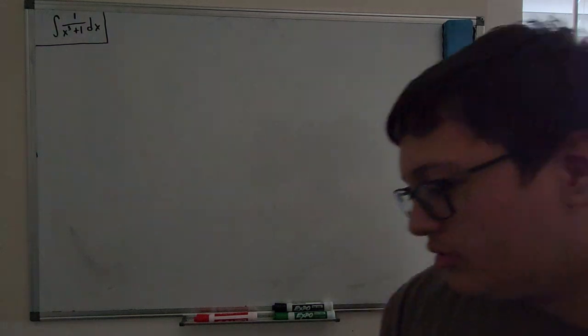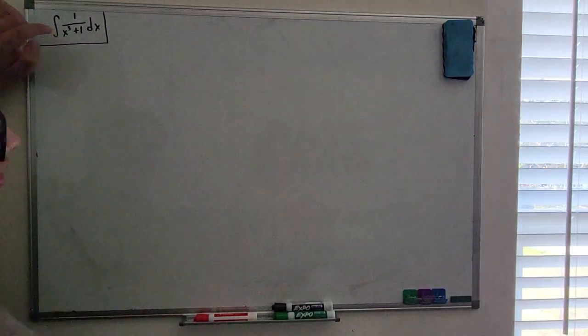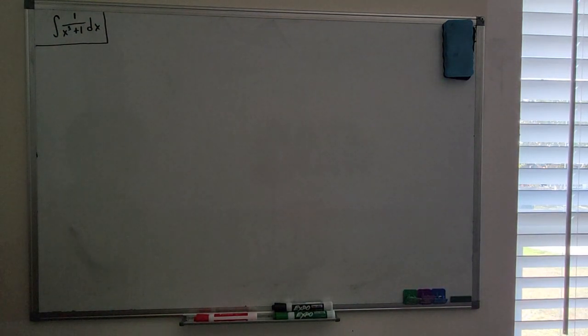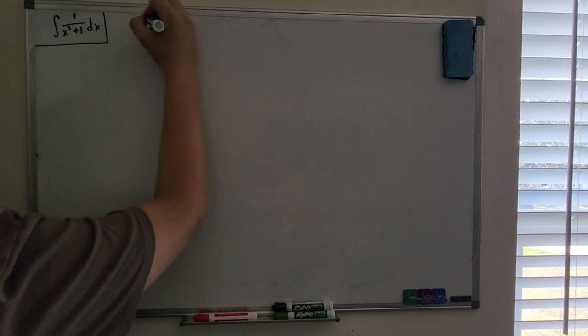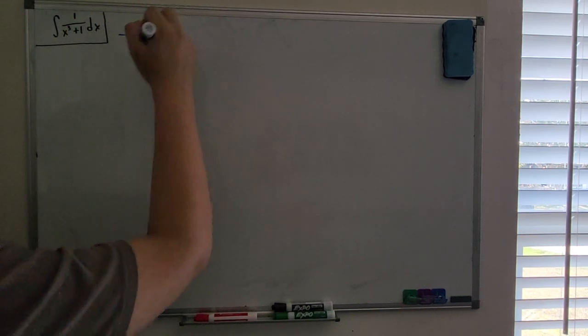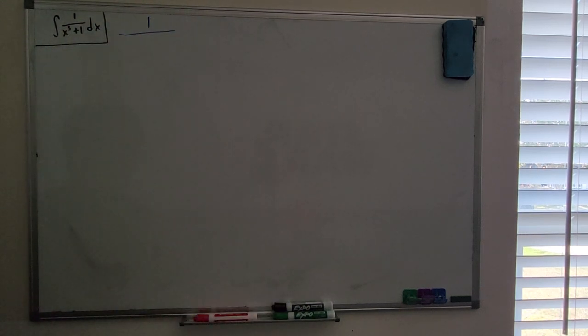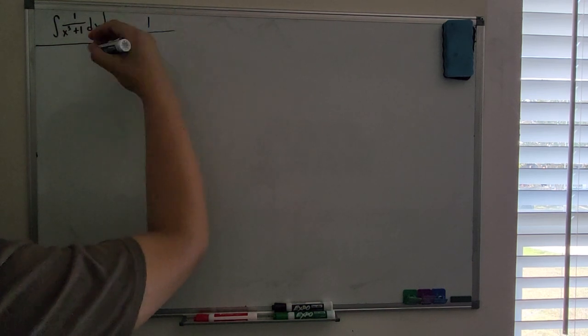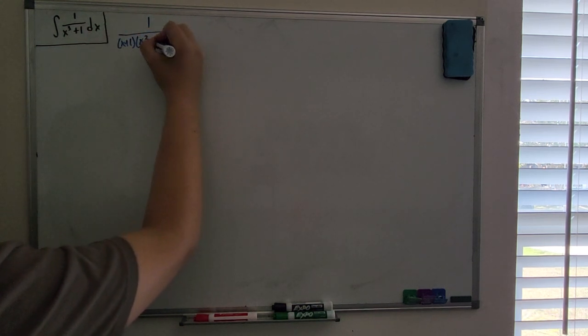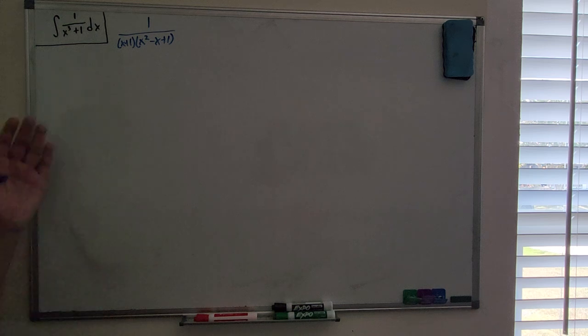So what we can first do is factor that out. And factoring is pretty easy, an actual Algebra 2 skill. We can rewrite this, keeping the integral out, as 1 over, obviously you use your cubic factoring, x plus 1 times x squared minus x plus 1, right? And if you know, you know.